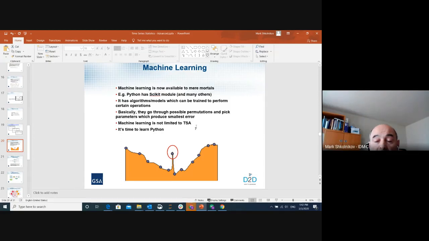So by the way, machine learning is not limited to time series analysis. And I already told you that I'm for Python. So below is a diagram. This is an example of an anomaly happening.